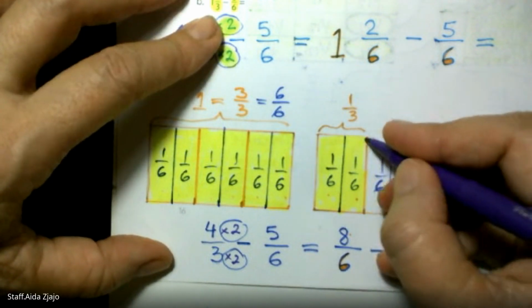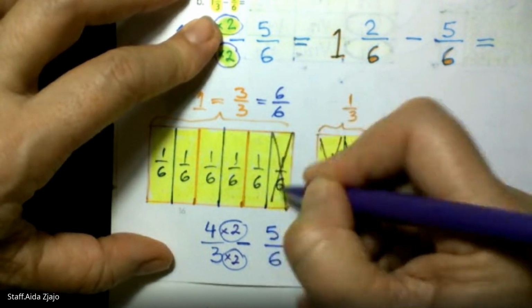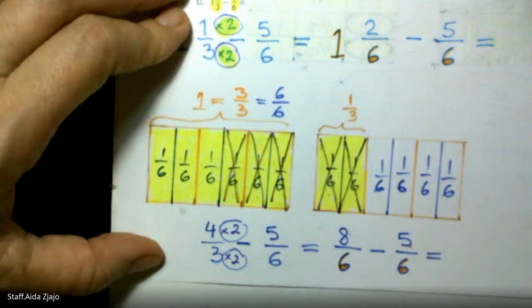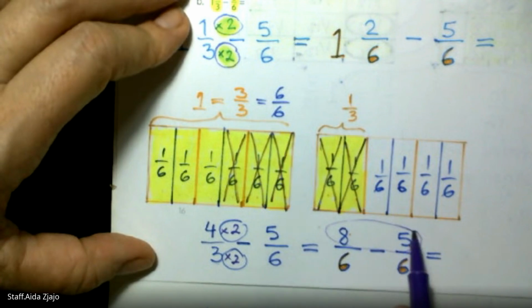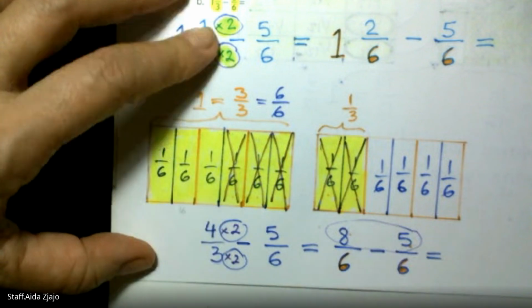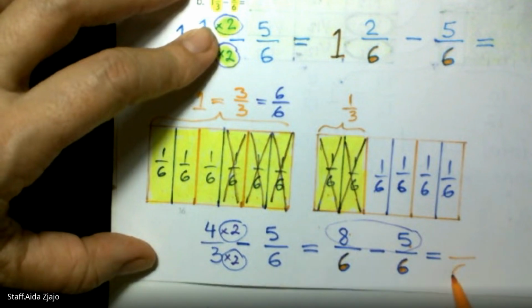So I'm going to give away this one, 2, 3, 4, 5, 6 are gone. And I have only 3 left. 3/6. 1, 2, 3, 6 left.